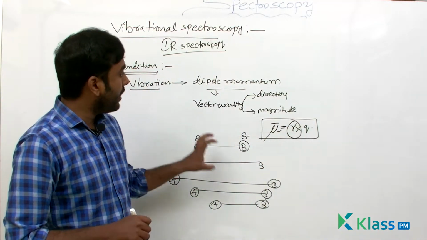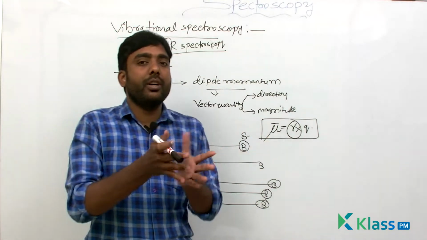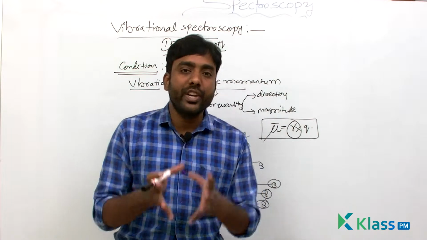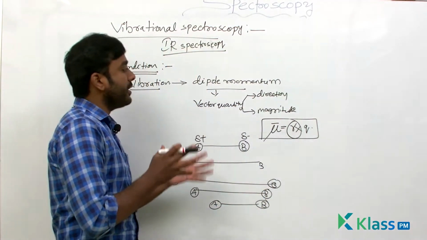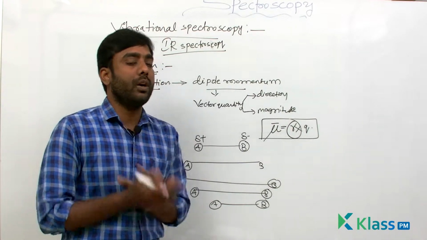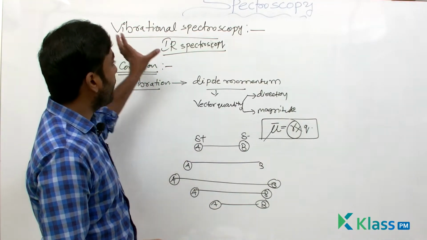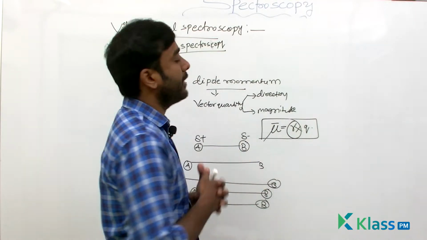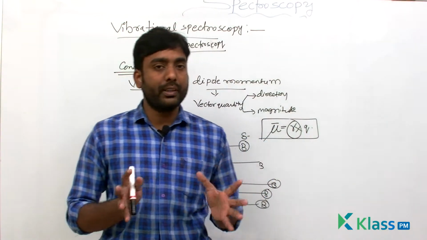That's why when there is a vibration, there is a change in the dipole momentum. So the compounds which change their dipole momentum during the vibration, only those molecules or compounds will exhibit vibrational spectroscopy or infrared spectroscopy. Understood this one clearly?